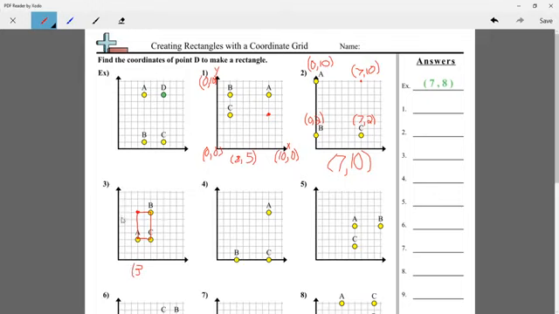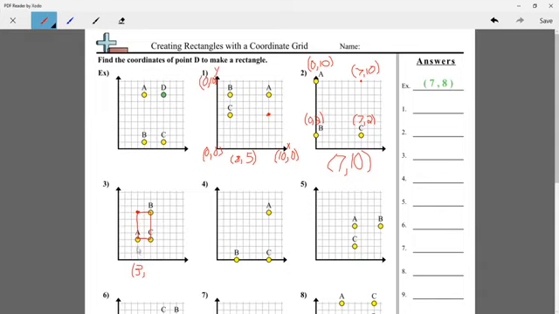And remember, we don't start counting 1 here because this is 0. This line here is 0 on the x-axis, and this line here, the x-axis, is 0 on the y. And now we just have to count how many up it is for the y.